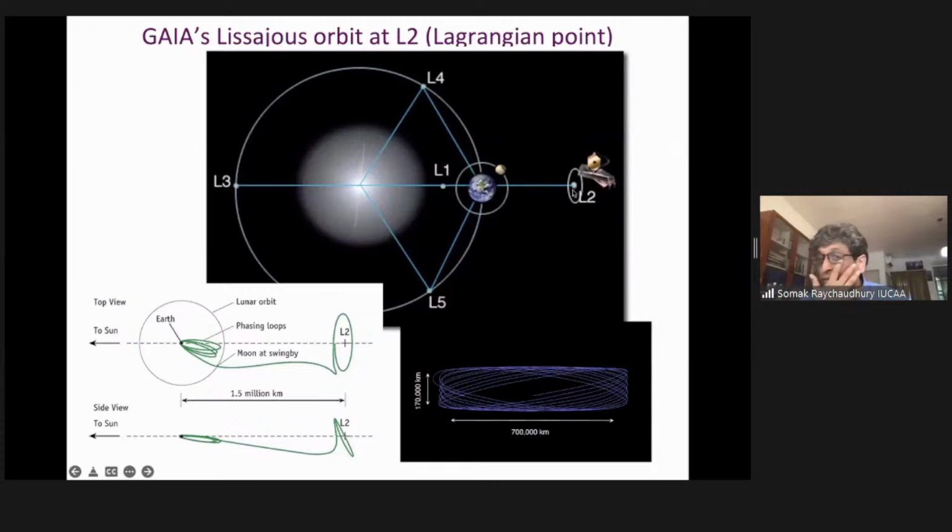So L2 is a much better place for JWST or Gaia because it can orbit an empty point in space, and it is not eclipsed by the Sun or the Earth most of the time, as it would be at L1. Nobody's used L3 because it's hard to get there and stuff like that.